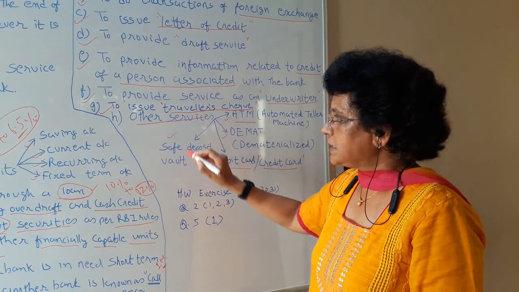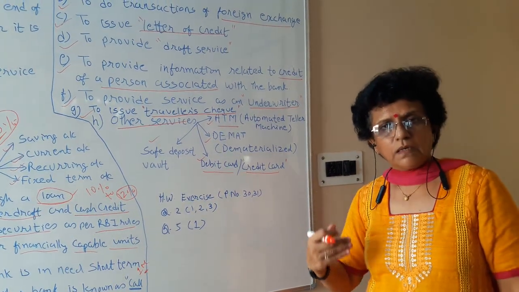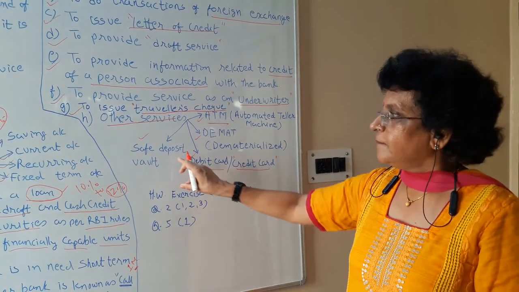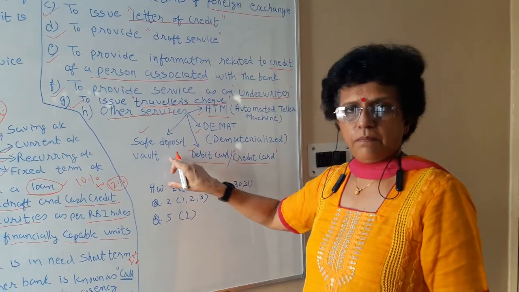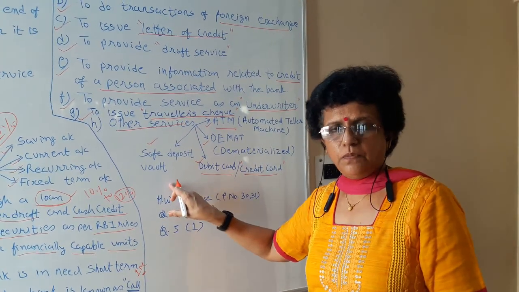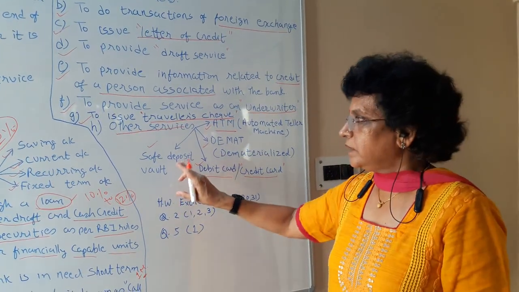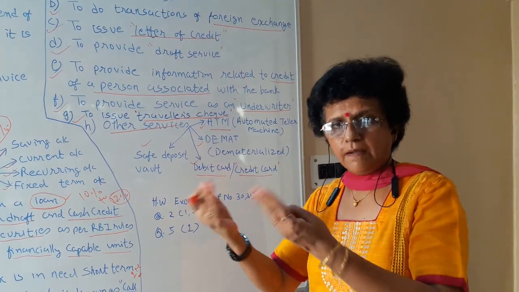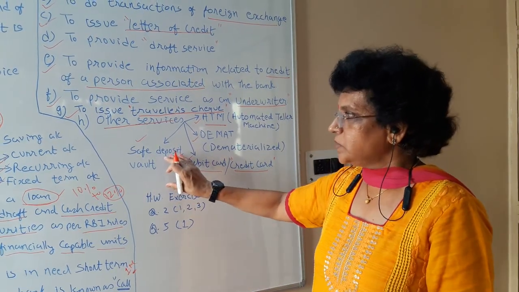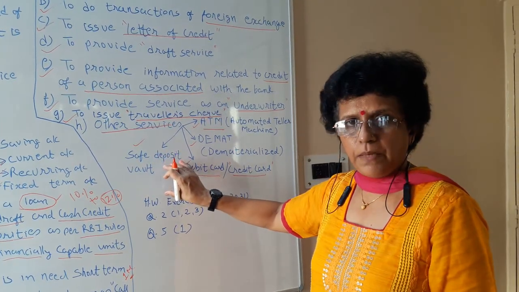The next is the safe deposit vault. The valuable things of the customer are kept in the safe deposit vault. It is an additional facility given by the bank, and you have to pay rent for the safe deposit vault. Annual rent charges are charged by the bank, and there is a limit on withdrawing things from it and keeping things in it, which means the use is restricted up to the limit and you are making payment.